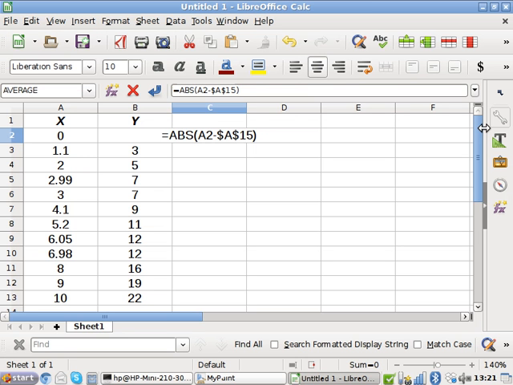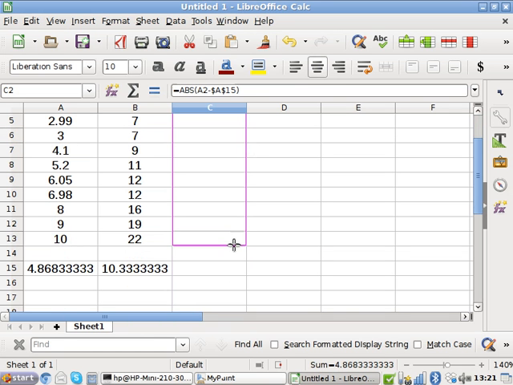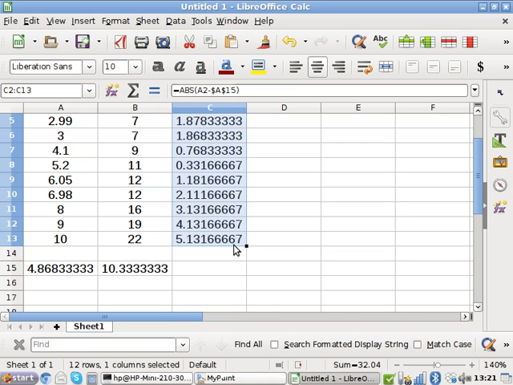Okay, do you have that? Yes. Did you get this number? Yes? Then what you do, yeah, you grab the corner. I'll wait till you pass it. Guys, grab the corner and pull it down, and then it carries the formula down.